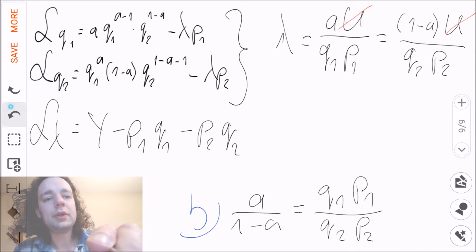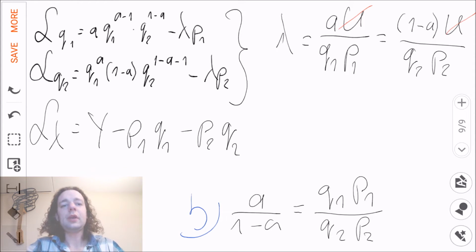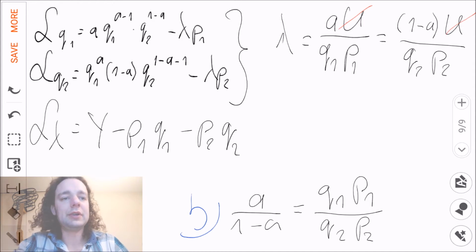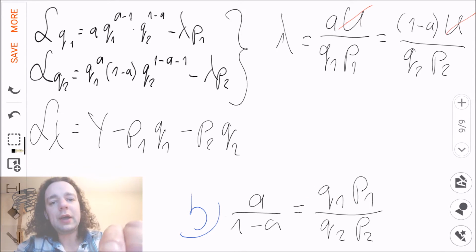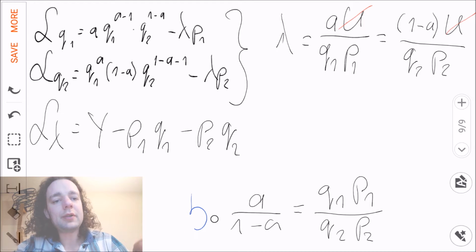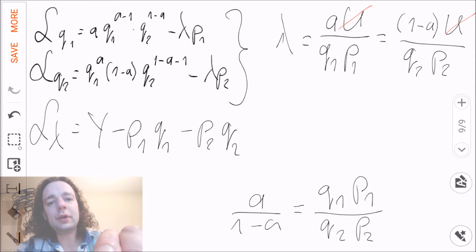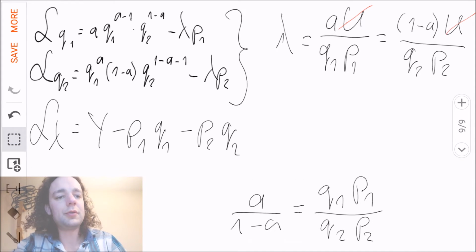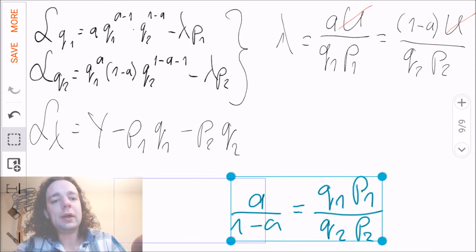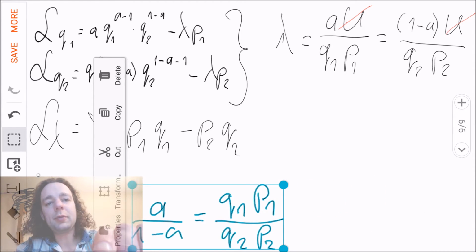I'll remove the equal 0 again because of constraints in the size. Okay, so we've got this formula, right? And we almost have the correct formula here to input either P1 Q1 or P2 Q2. Well, it doesn't really matter which one you pick. We'll just pick one and, well, hope for the best.